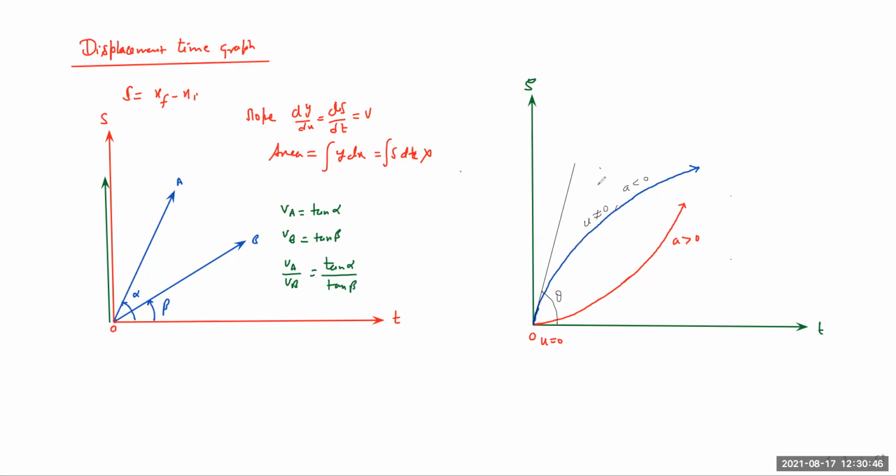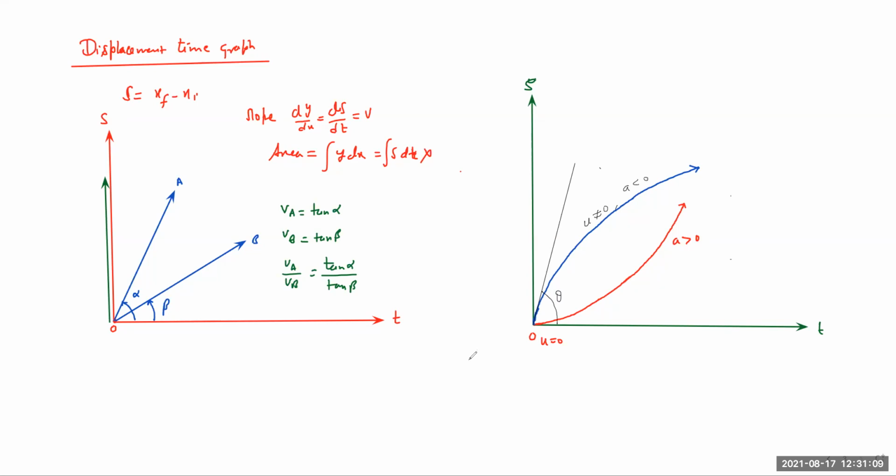So the two graphs are very common. The u not equal to 0, a negative, and a positive, u equals 0. These are very famous graphs. So from looking at the graph, we should be able to identify the nature of the graph, like what is actually happening.